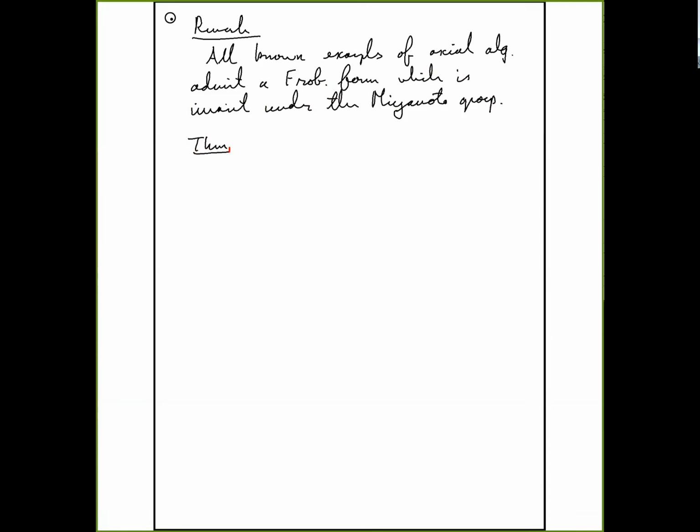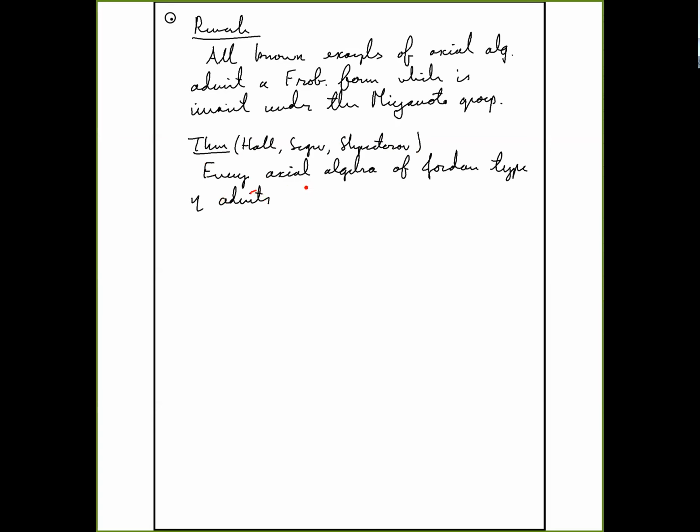So it's a theorem which comes from Hall, Segev, and Shpectorov, that every axial algebra of Jordan type eta admits a Frobenius form, and one invariant under the Miyamoto group.